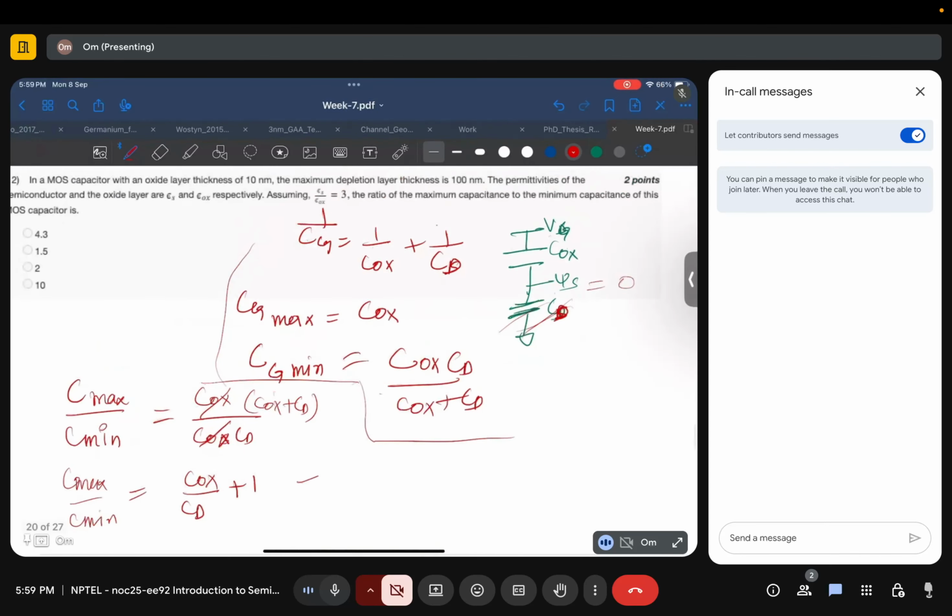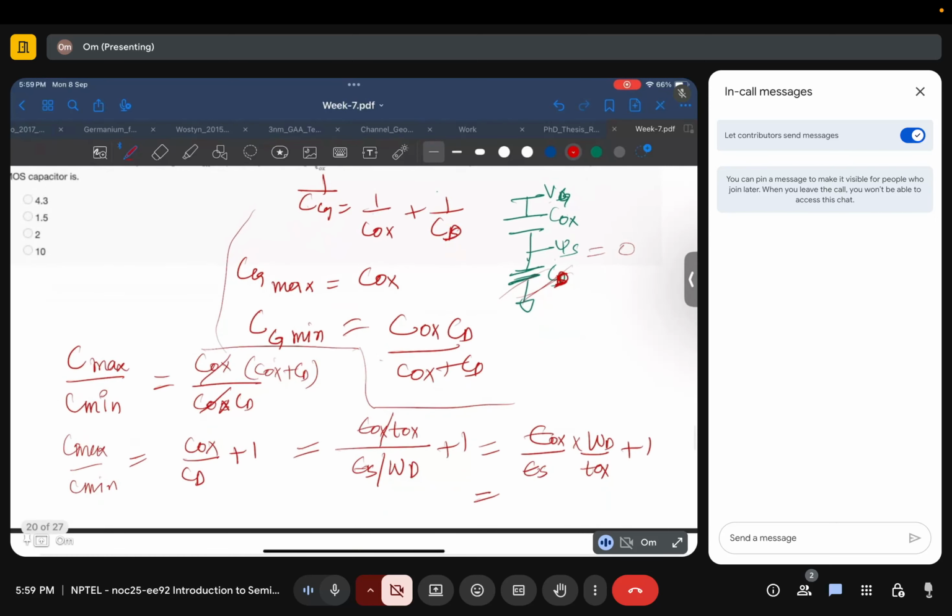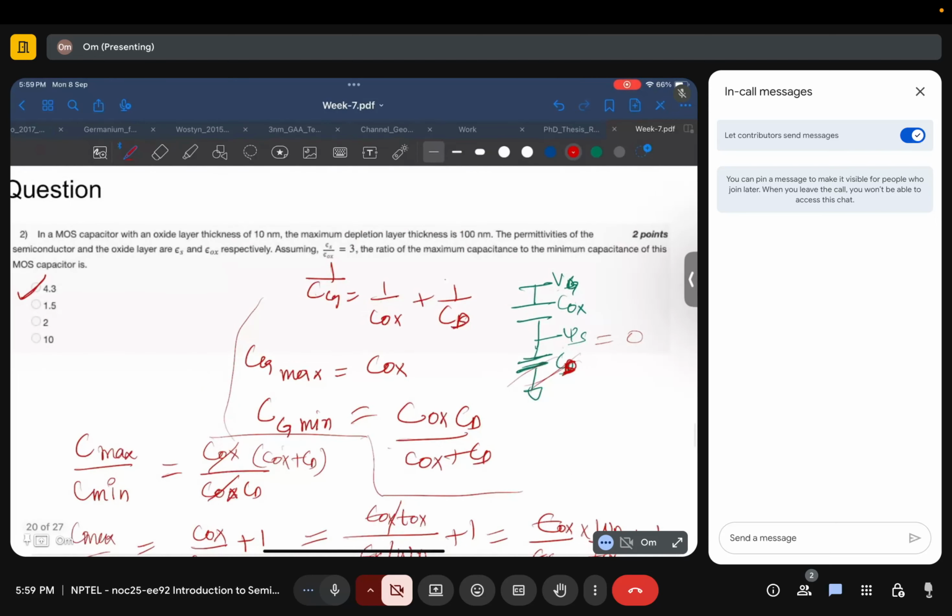And it should be equal to epsilon ox by TOX by epsilon S by WD plus 1, which is epsilon ox by epsilon S into WD by TOX plus 1. Epsilon ox by epsilon S is given as 1 by 3. WD is 100, TOX is 10, plus 1. It is 10 by 3 plus 1, which is 3.33 plus 1, which is 4.33. Right, so the answer is option A, 4.3.